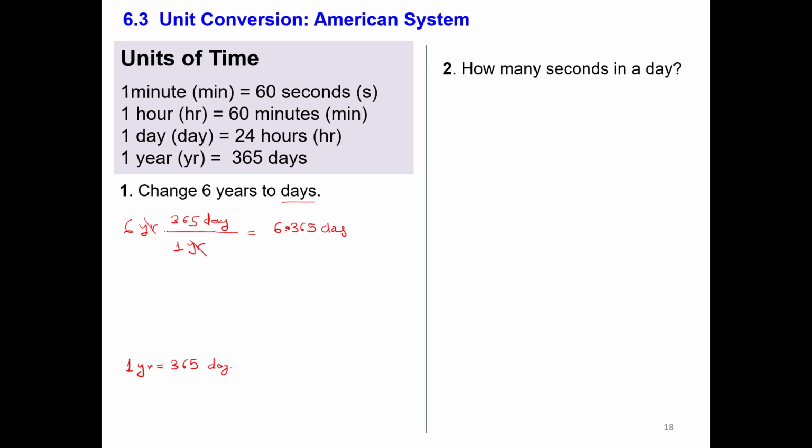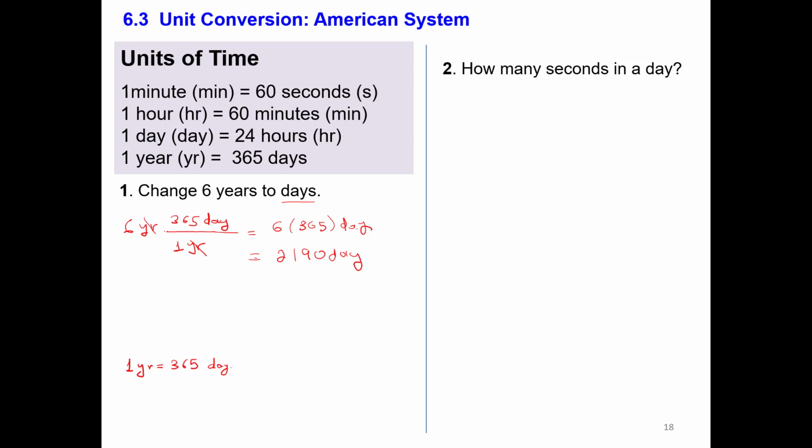Let me write it better because we can get confused with that. It's 6 times 365. If we multiply these numbers together, we will have 2,190 days.